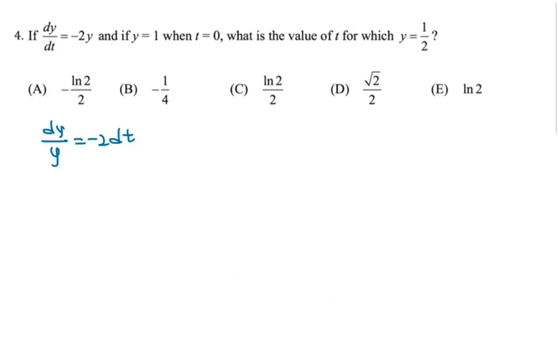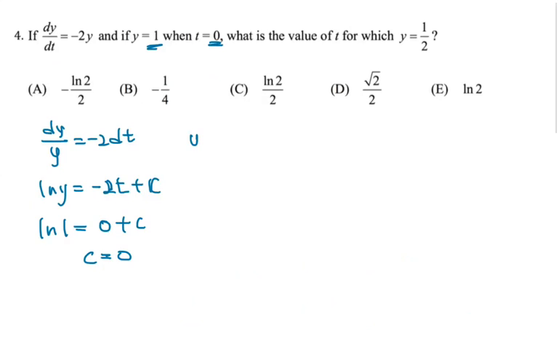Once you integrate both sides, we get ln of y is equal to negative 2t plus c. Now I'm going to plug in 0 and 1 in place of t and y. Then ln of 1 is equal to 0 plus c, so you will realize that c must be equal to 0 because ln of 1 is equal to 0.